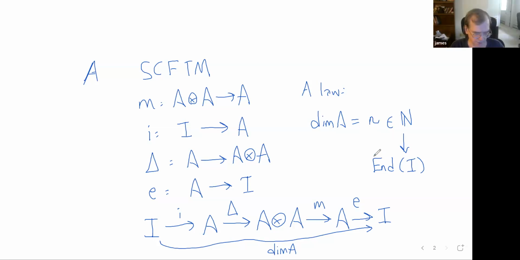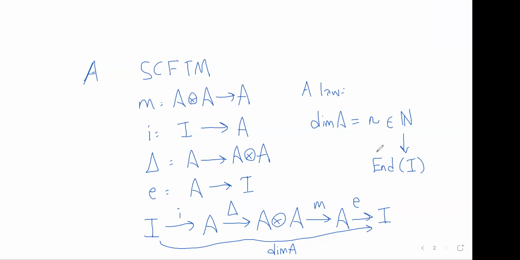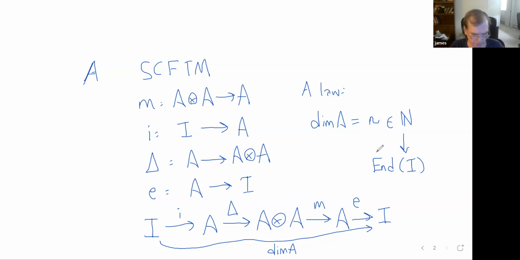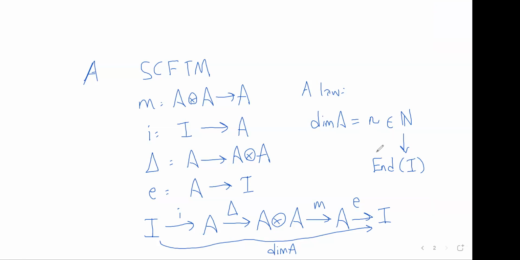By the way, in some emails to you I was hemming and hawing, saying that I knew that for an algebraically closed field, if you take any special commutative Frobenius algebra, this dimension defined this way just is the dimension of that algebra in the usual sense.